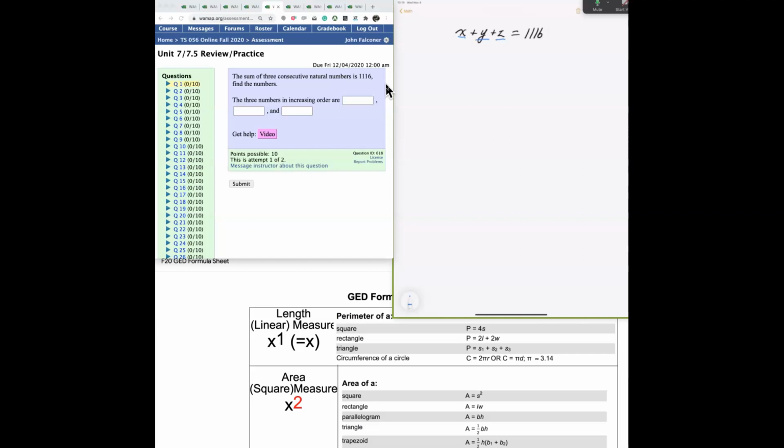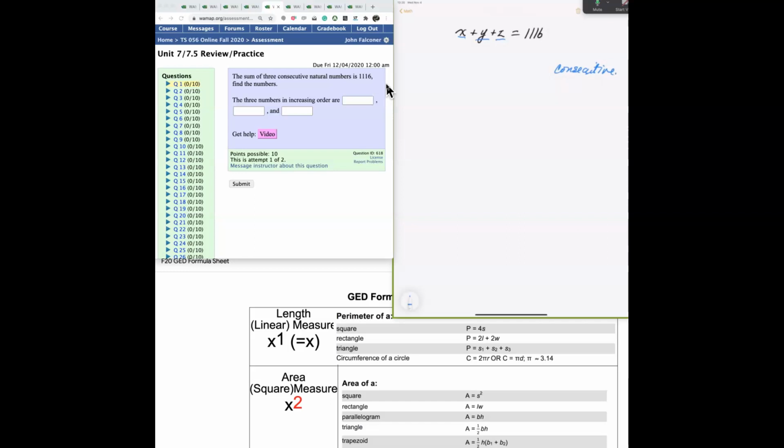A key term here is consecutive. Consecutive numbers have got to go in a row. What separates consecutive numbers? What separates 1, 2, and 3? Well, each one is one higher than the one before it. So that's something we can work with.